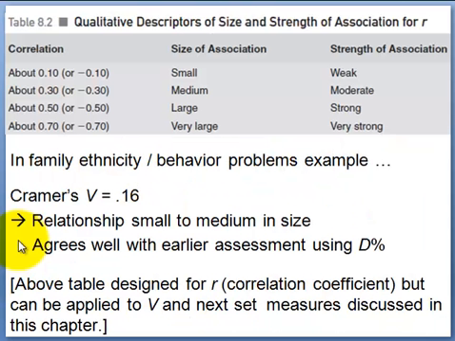I've gone back to the qualitative descriptors guide, and the value of tau c in our example calculated to 0.19, and so that would be interpreted as a relationship that is small to medium in size. And I want to further say, it's a positive relationship.